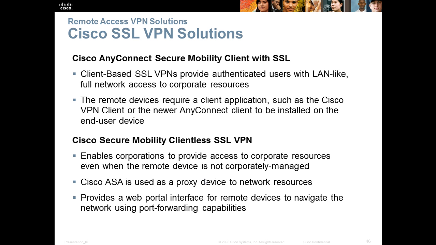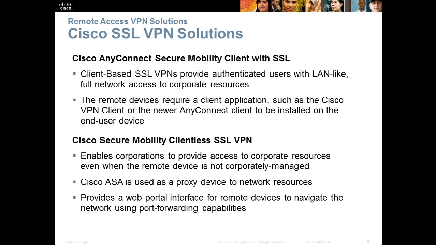Cisco SSL VPN solutions: Cisco AnyConnect Secure Mobility Client with SSL is a client-based SSL VPN which provides authenticated users with LAN-like full network access to corporate resources. The remote devices require a client application, such as the Cisco VPN client or the newer AnyConnect client, to be installed on the end user device.